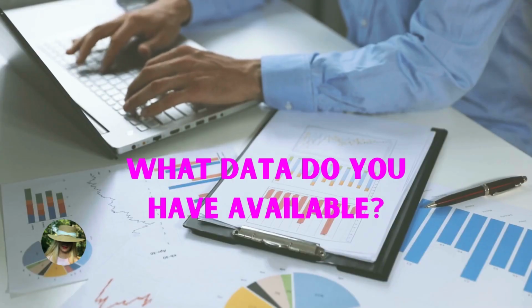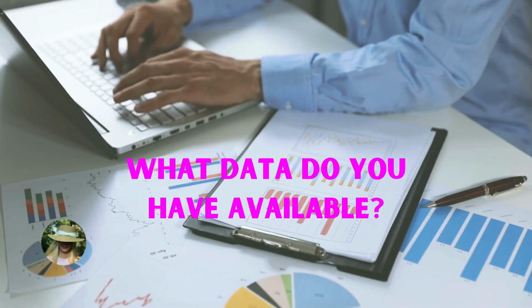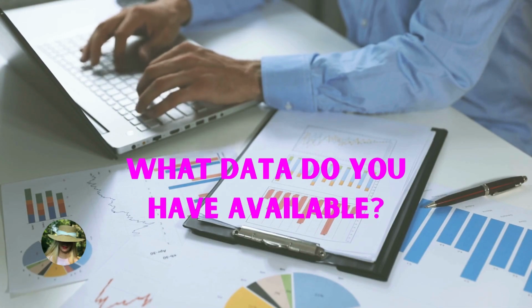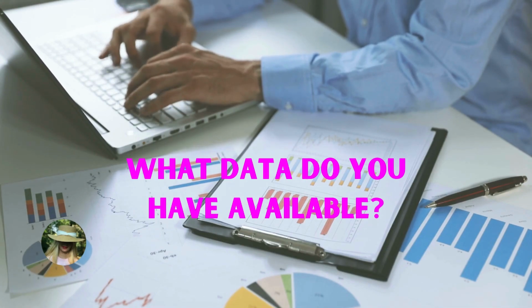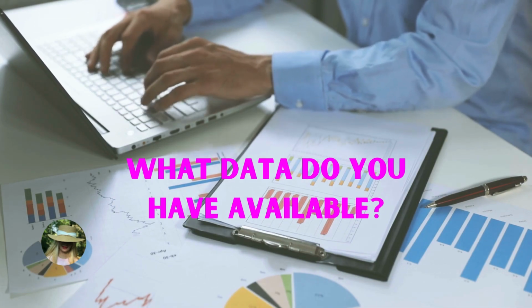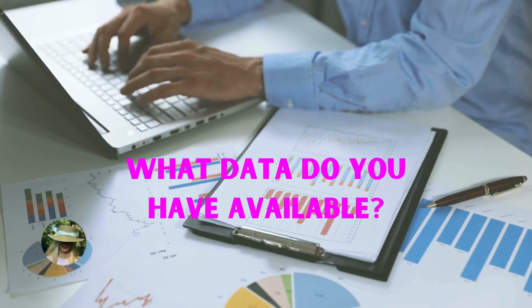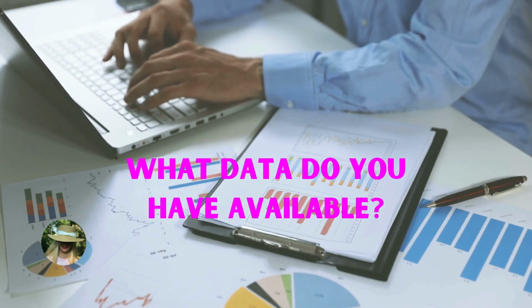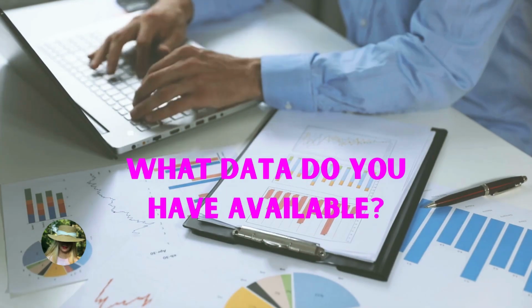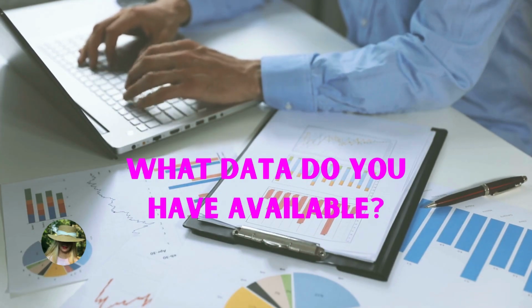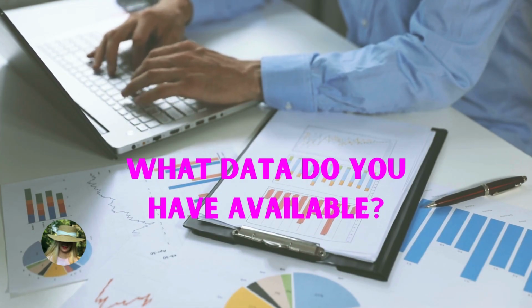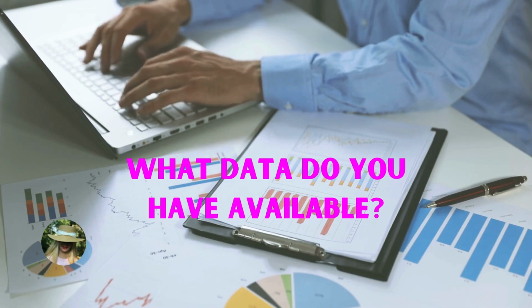The next step, we should find out what data we have available. Determine the scope and availability of the data relevant to the analysis. Consider the type, format, and source of the data. Is it a simple Excel file or from the cloud or whatever? Quality of data is very important.